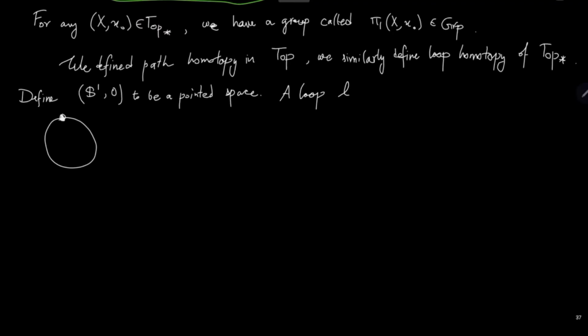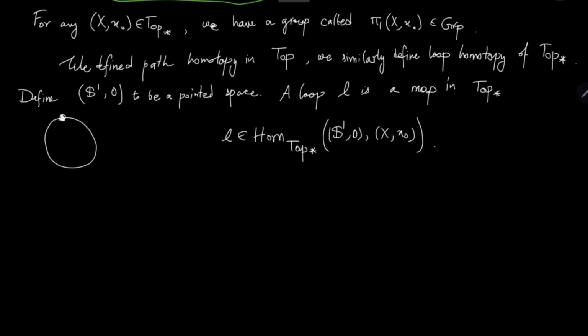A loop L is a map in Top star. So what is this loop L? Loop L is a member of the Hom set in Top star from S1, 0 to X, x naught. Yeah, I'm happy with that definition.